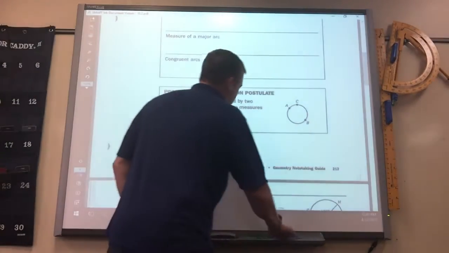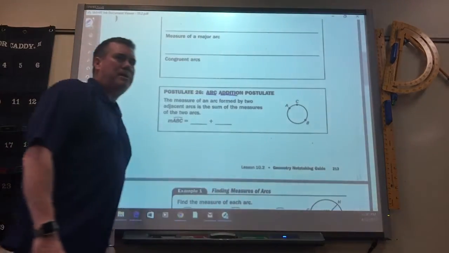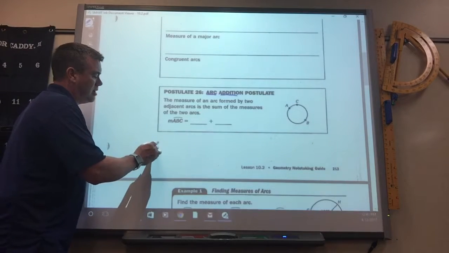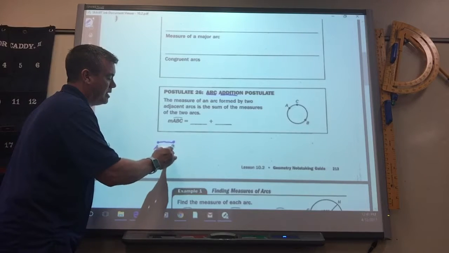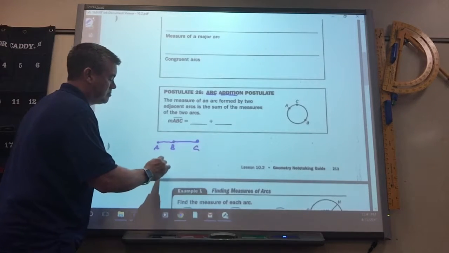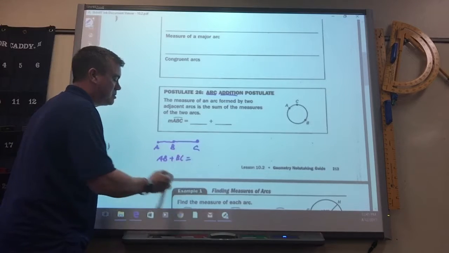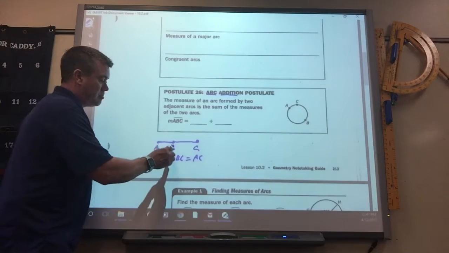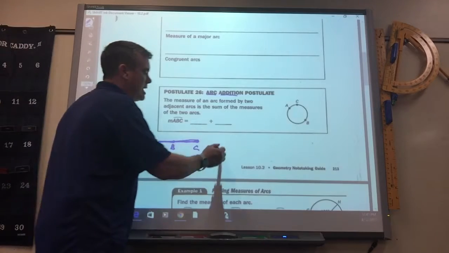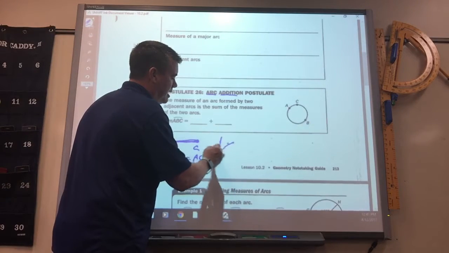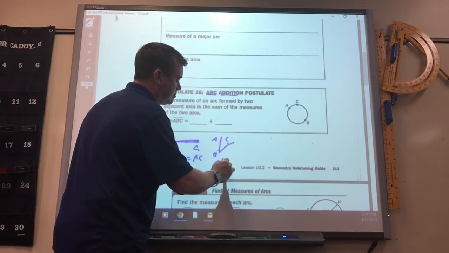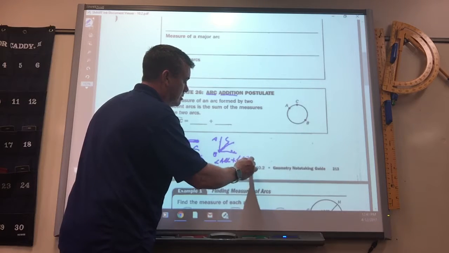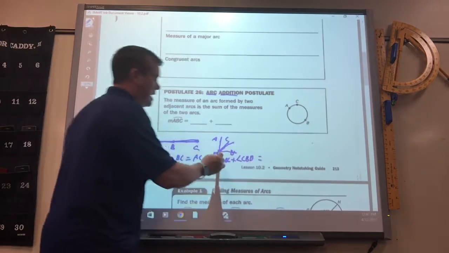So this arc addition postulate is just like way back in chapter 2, I think it was, we did the segment addition postulate, and all that says is if you take a small segment and add on another segment to it, AB plus BC equals the whole thing, AC. This plus this equals the whole thing. Then we did the angle addition: angle ABC plus CBD equals angle ABD.